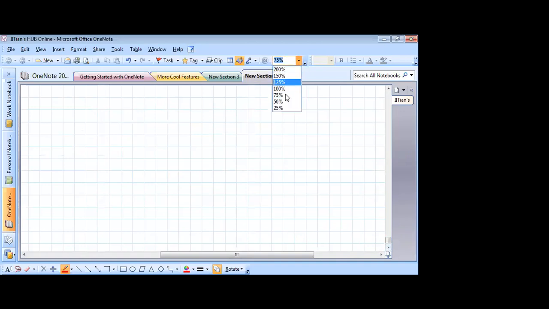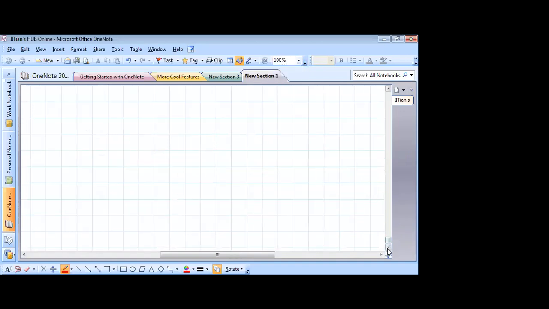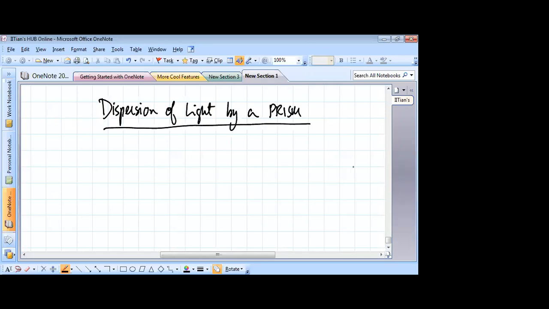All right. Now, next up we will look at the last section of the theory part, which is about dispersion of light by prism.